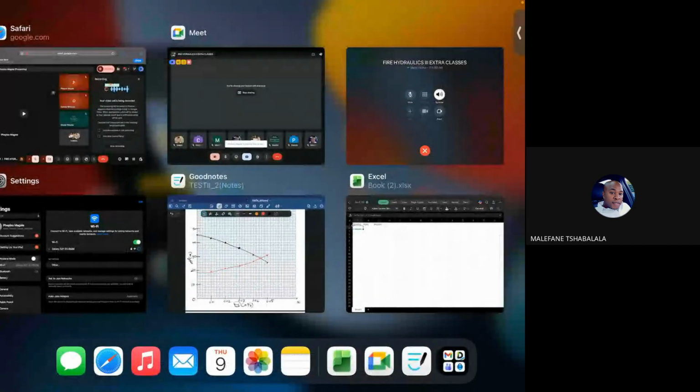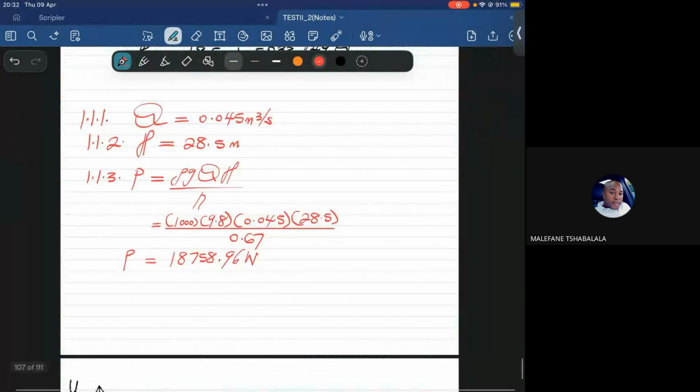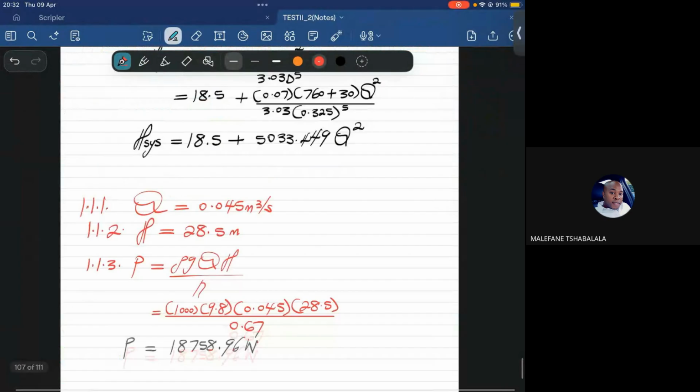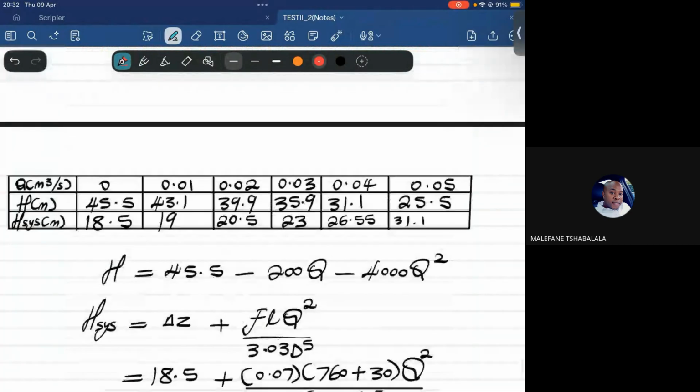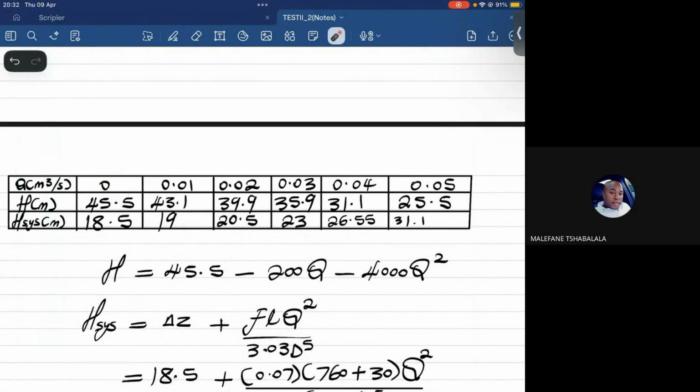So remember, let's go back to here. The volumetric flow rate readings are as follows: 0, sorry, then 0.01, 0.02, up until 0.05.